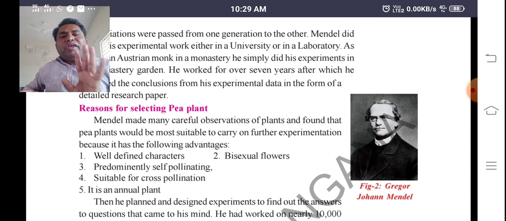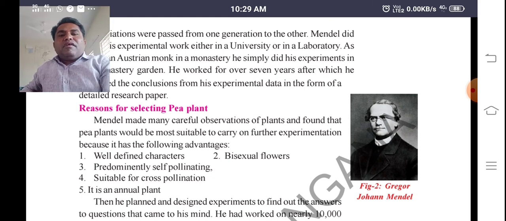The following 5 characteristics are the most important. Because of having these 5 characteristics, Mendel selected the pea plant for conducting experiments. Mendel made many careful observations of plants and found that the pea plant would be most suitable for further experimentation because it has the following advantages.